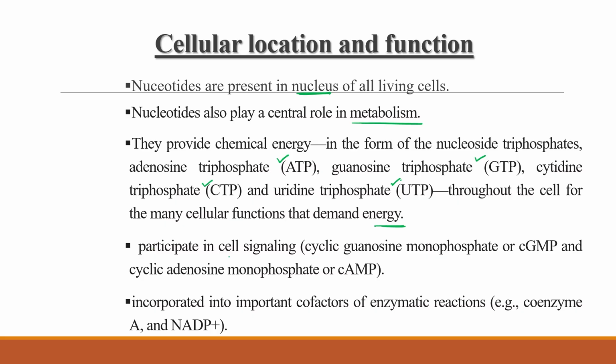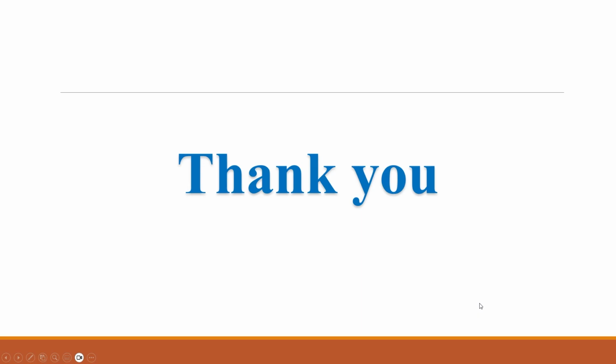They participate in cell signaling as well, as cyclic AMP, cyclic GMP. They are also incorporated as cofactors in certain kinds of enzymatic reactions, like NADPH, NAD. So this is all about today's topic of discussion.